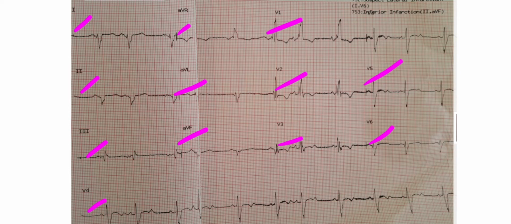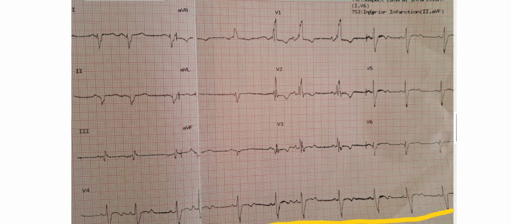When you look at this ECG, one thing that is striking is the rhythm strip. Why is it striking? Most of the time the rhythm strip is lead 2, but in this case, for some reason, the machine decided to make the rhythm strip V4. I've told you guys about the rhythm strip.